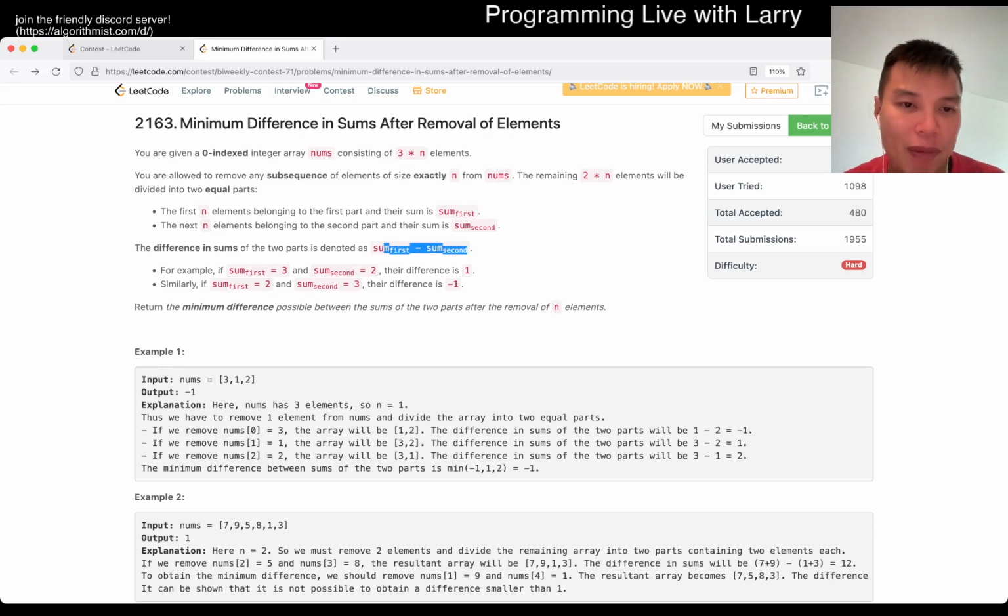Basically looking at this formula, because now it's not absolute value, there are two ways to get the minimal difference, right? One is to minimize the first half sum, and then the other is to maximize the second half sum.